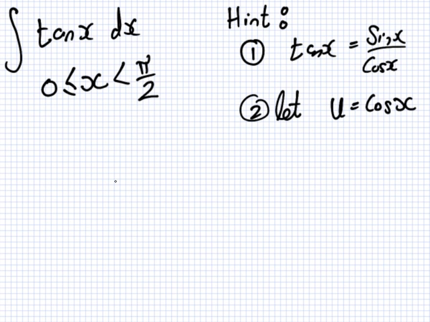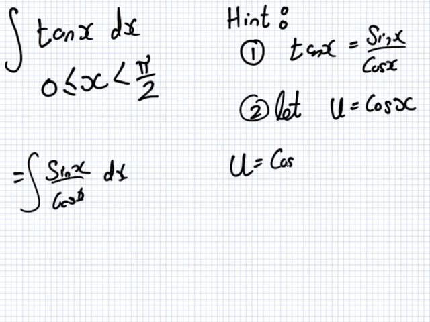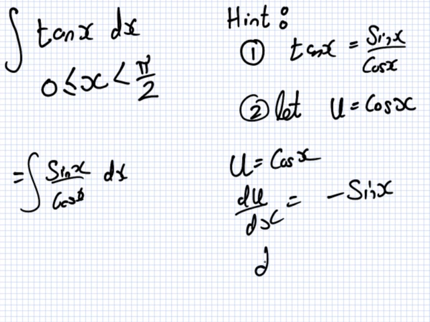Let's have a look. So, this equals sine x over cos x. I think you all agree on that. And if we said u is cos x, then what's du dx? Minus sine x. So what does dx equal? du over minus sine x.